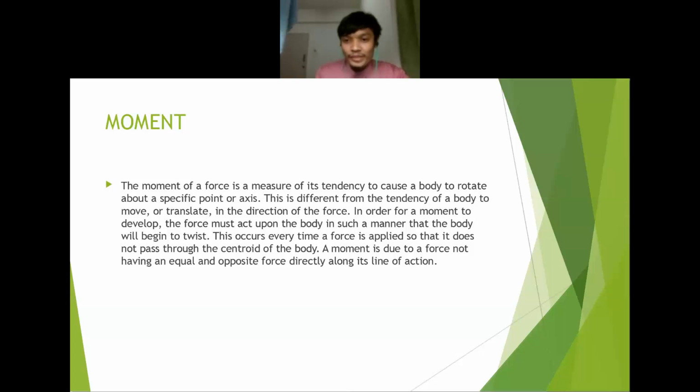In order for a moment to develop, the force must act upon the body in such a manner that the body will begin to twist. This occurs every time a force is applied so that it does not pass through the center of the body. A couple moment is a pair of forces that do not have a common line of action, with equal magnitude and opposite direction.